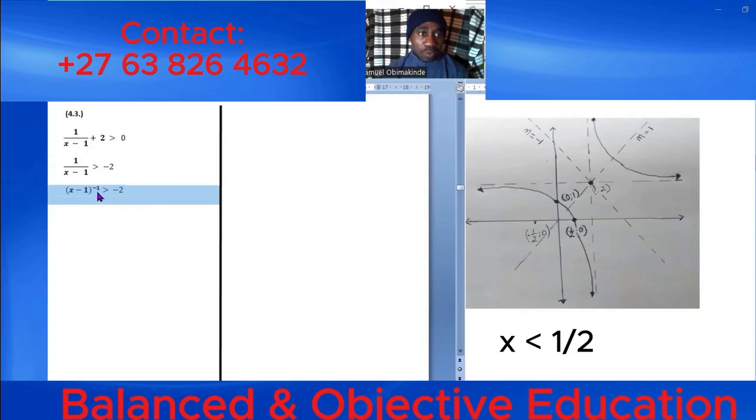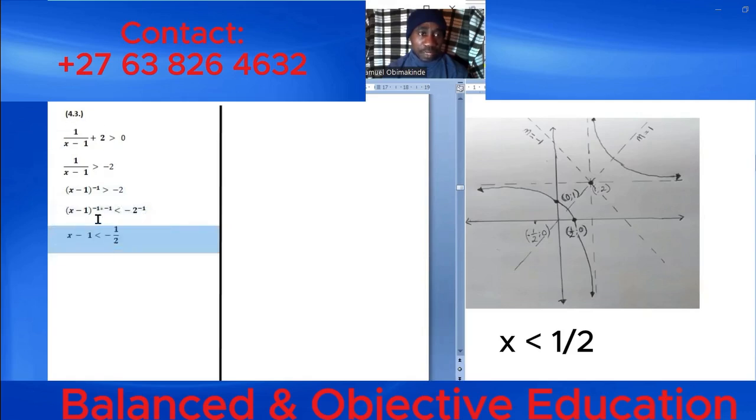Next, we will look for a way to remove this -1. To remove that -1, we can multiply both sides by exponent -1. Now, once you multiply both sides by exponent -1, that switches this inequality sign from greater than to less than. So you have -2 exponent -1 on the right hand side.